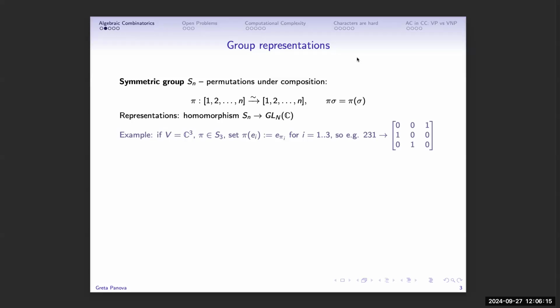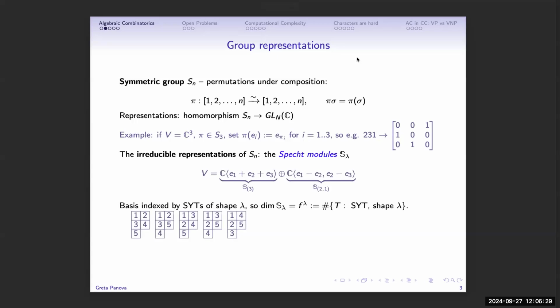For example, here is the standard representation of a permutation as a matrix, but there are many other ways we can do this. Then we can consider which ones are irreducible: you cannot simultaneously reduce these matrices into separate blocks. Those are the irreducible representations.